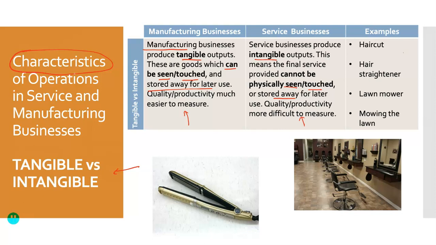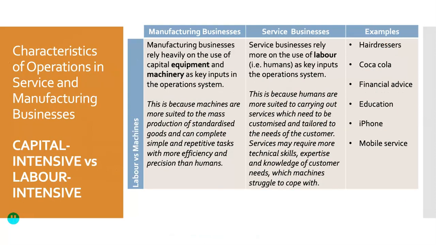For example, a haircut. Someone might love their haircut and someone might get the exact same haircut and it might be different. It's going to be whether the need has been met. Other characteristic differences are whether the business is going to be capital intensive or labor intensive.